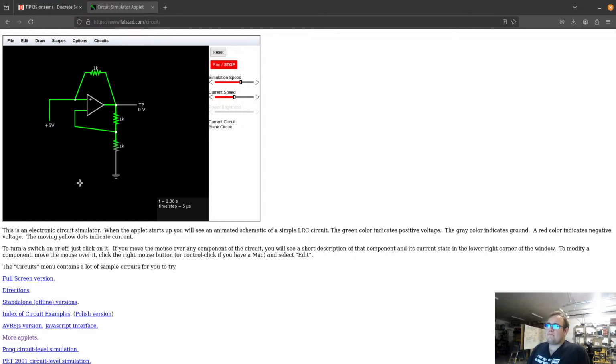So, as I said, this input here will obviously be at 5 volts. Now, over here, that means that this will also be at 5 volts.